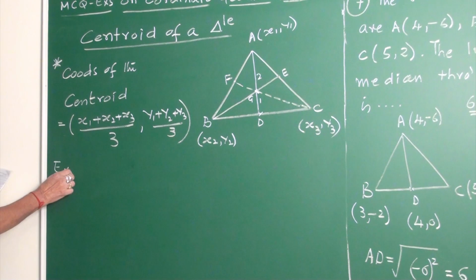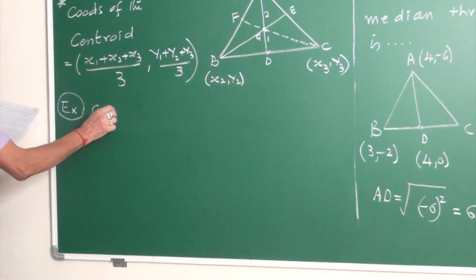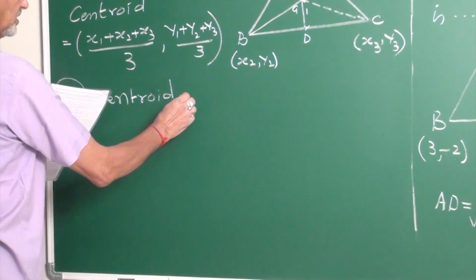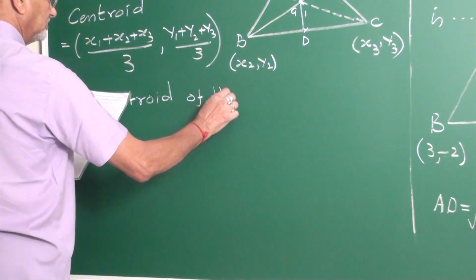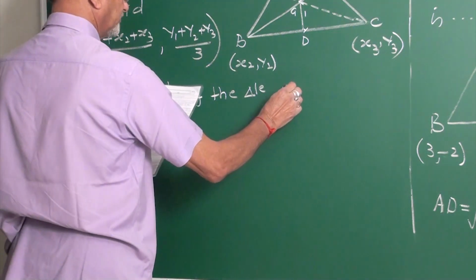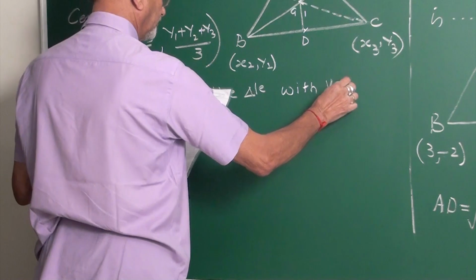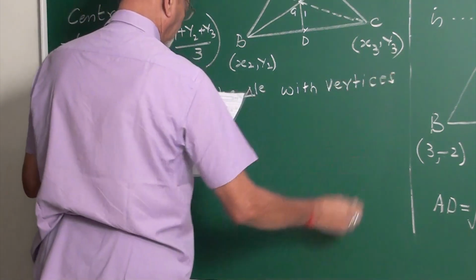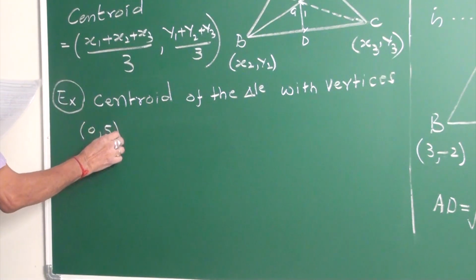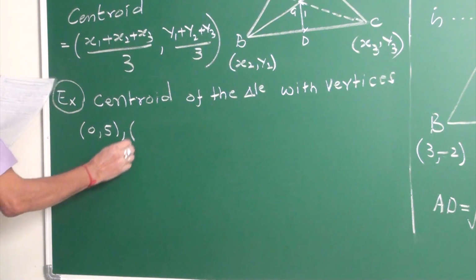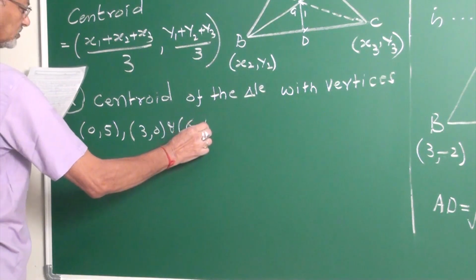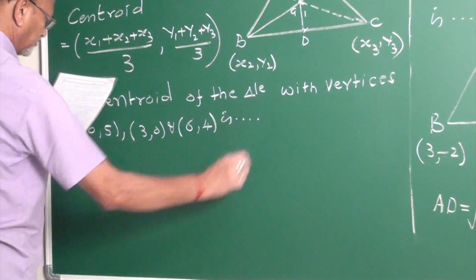Example. Centroid of the triangle with vertices (0, 5), (3, 0) and (6, 4) is dash.